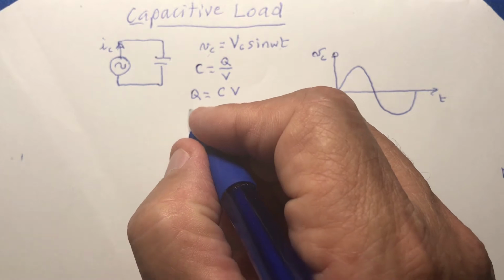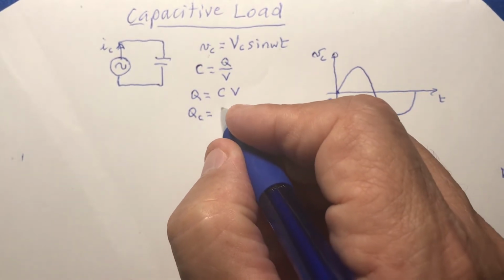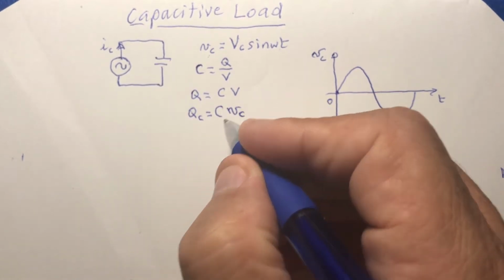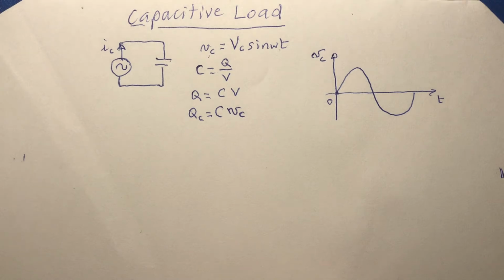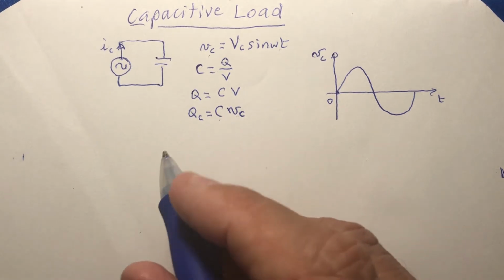So I can put here Q, this is the charge in the capacitor, is equal to C, and then I put VC. QC is equal to C, this is the capacitance, and VC, this is the voltage across the capacitor.